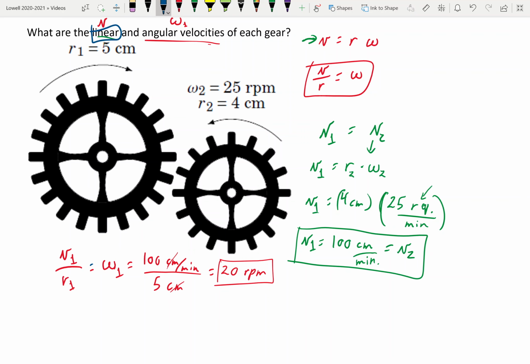Over some amount of time, maybe a couple of seconds, they both go through 1, 2, 3 teeth. Remember, the big one has more teeth, assuming they're evenly spaced. So it makes sense that the angular velocity of the bigger gear is less, because it's going to take longer to go through all of its teeth and get all the way around and rotate a full 360 degrees.